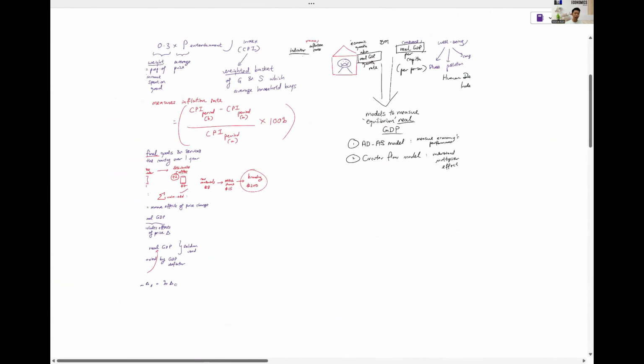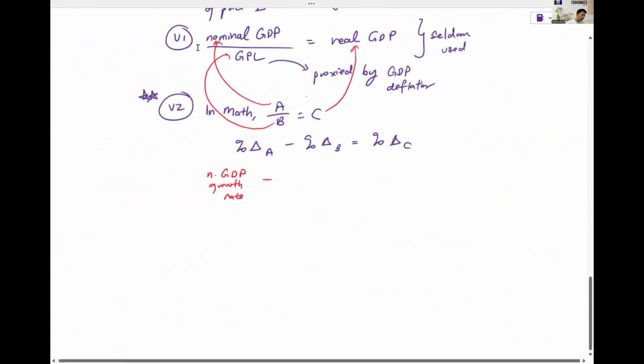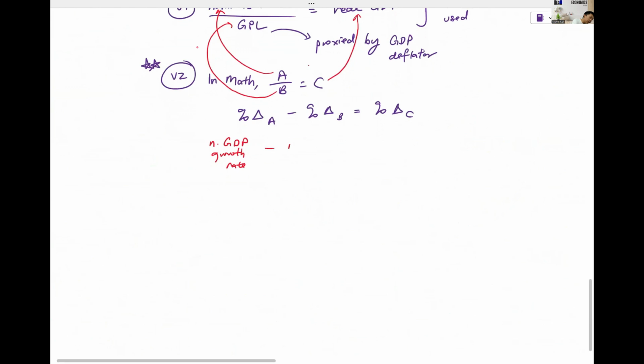Because GPL, CPI, same. So this minus inflation rate equals real GDP growth rate.